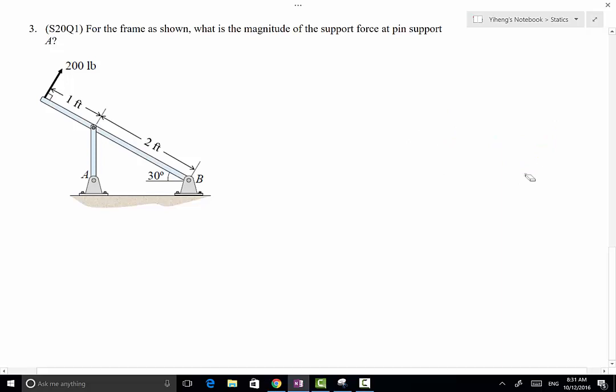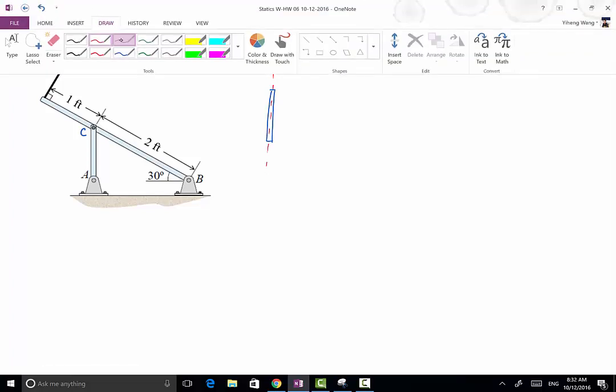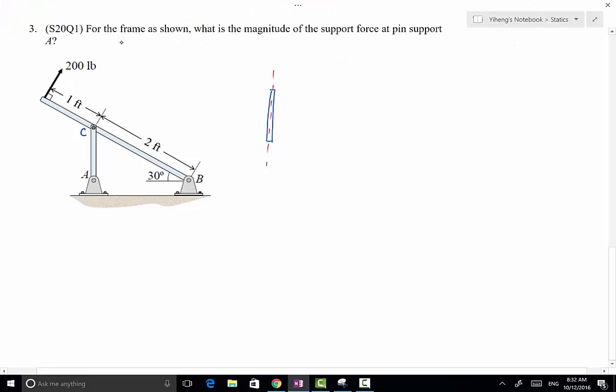But the best way is to recognize that this member AC is a 2-force member. So if it's a 2-force member, then even though we do not know what the forces are at point A and point C, we know that the line of action of the 2 forces must be along the orientation of the member, and they must be opposite in direction, same in magnitude.